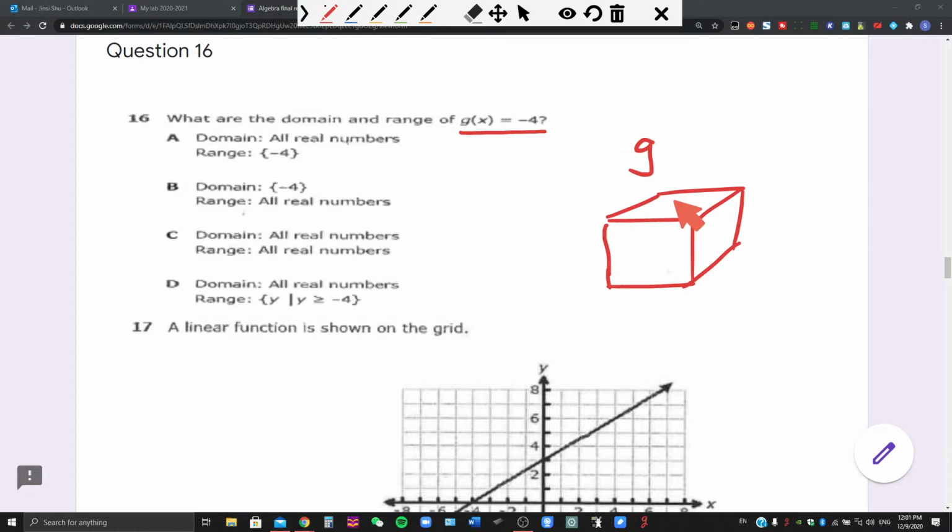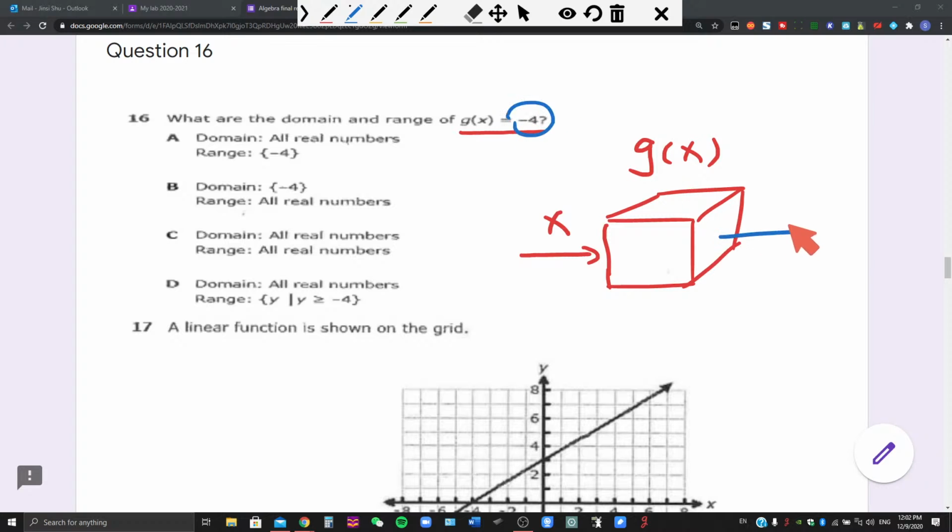This function machine is called g, and it takes input of x. So that's g of x. That means this machine g takes x as input. So we input x into this machine. And what is the output? The output is the value outside.